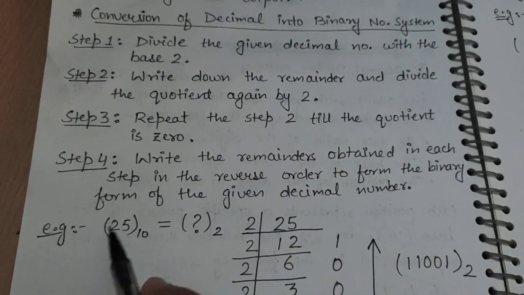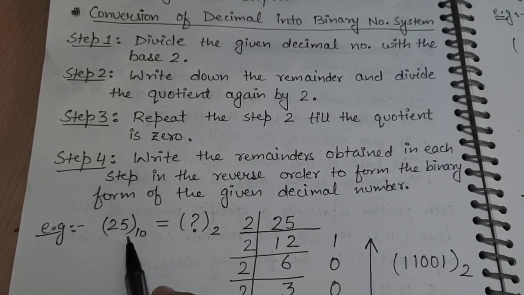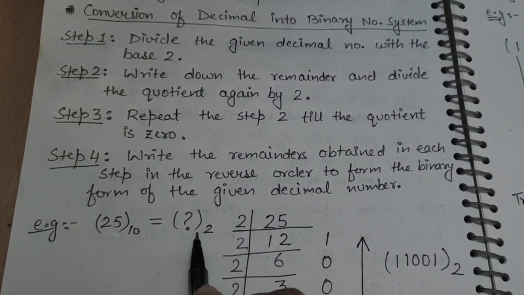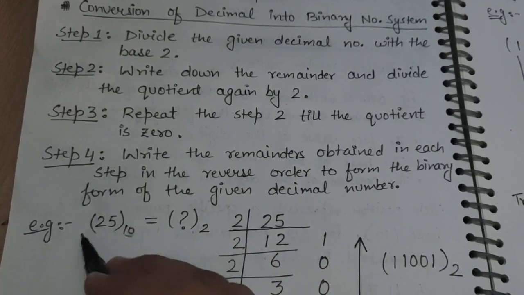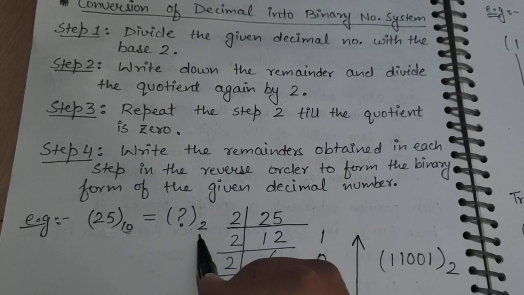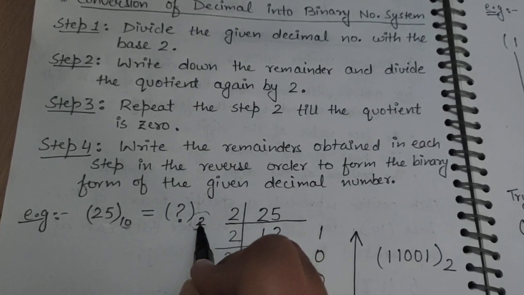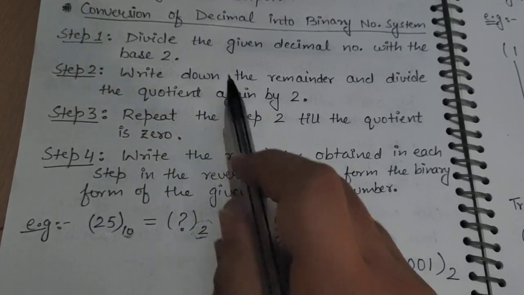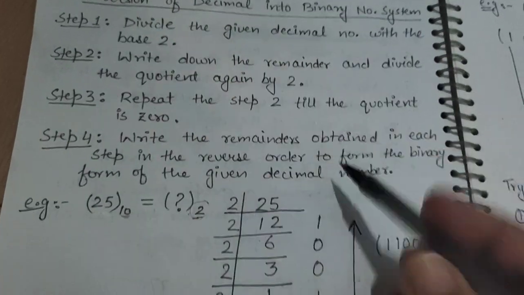Okay, let us take an example: we will convert the decimal number 25 into a binary number. Here the base is 10, so this is a decimal number. Here the base is 2, which we have to calculate, so this is the binary number system. So we will take 25, and our first step is to divide this number by base 2.